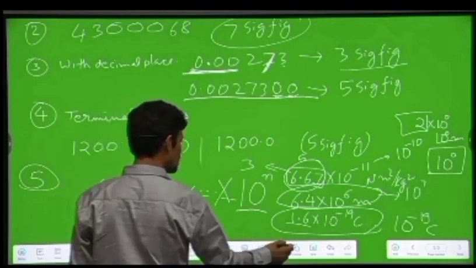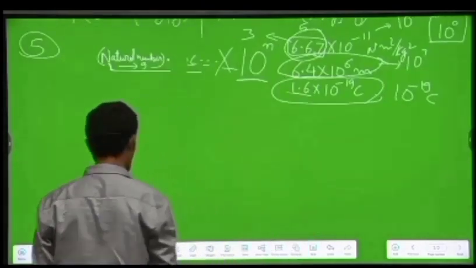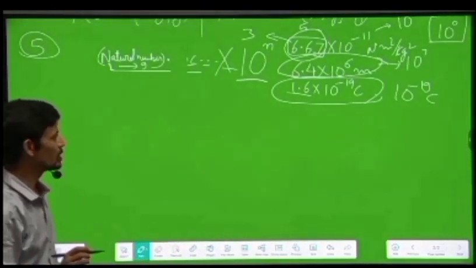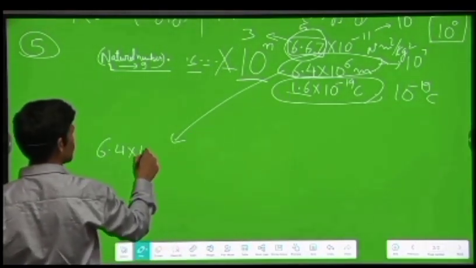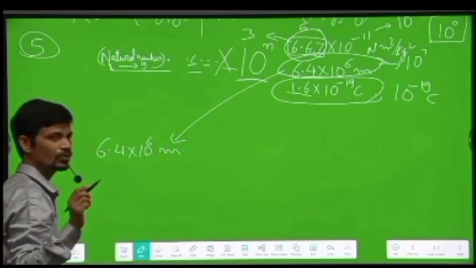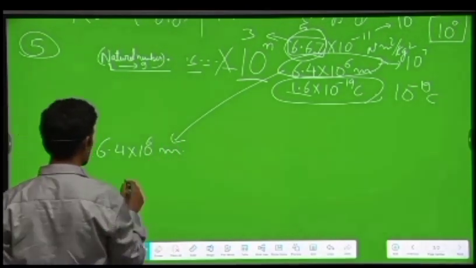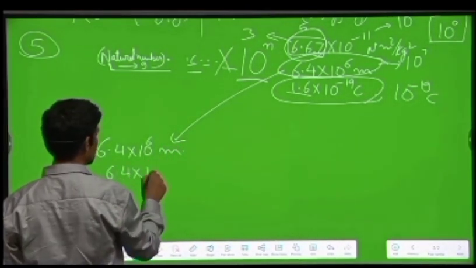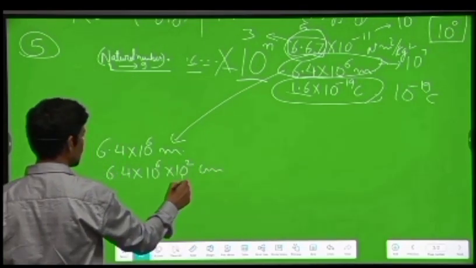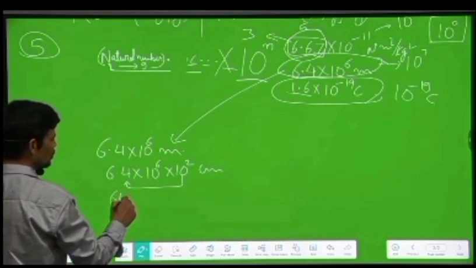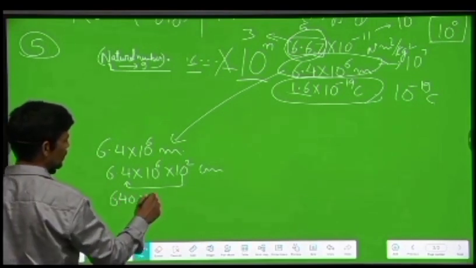Okay, if we change the system of unit, the significant figure will never change. Like this, 6.4 into 10 to the power 6 meter. If I want to convert it in terms of centimeter, what I will do, I will write it like this, into 10 to the power 2 centimeter. I should not do it this way.